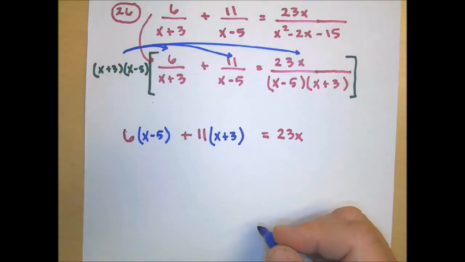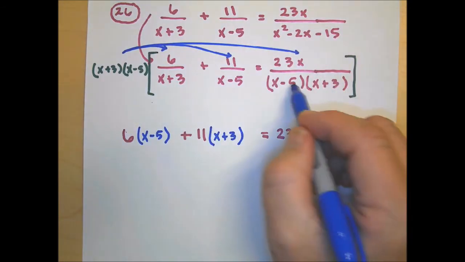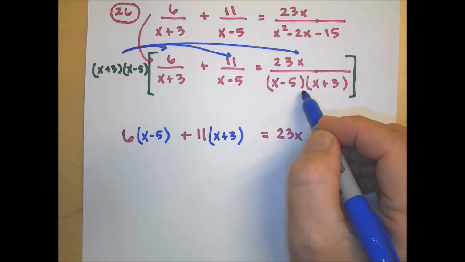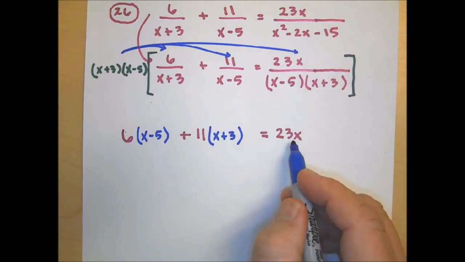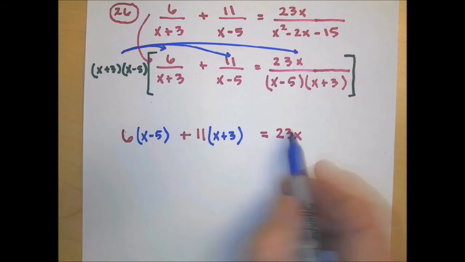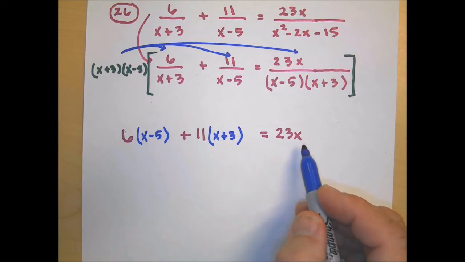Now for this equals term, the third term, both binomials would cancel, the x minus 5 and the x plus 3, so I really wouldn't have to multiply the 23x by anything. So now, as you can see, all the denominators have canceled. So it's just now going to be an algebra 1 problem.